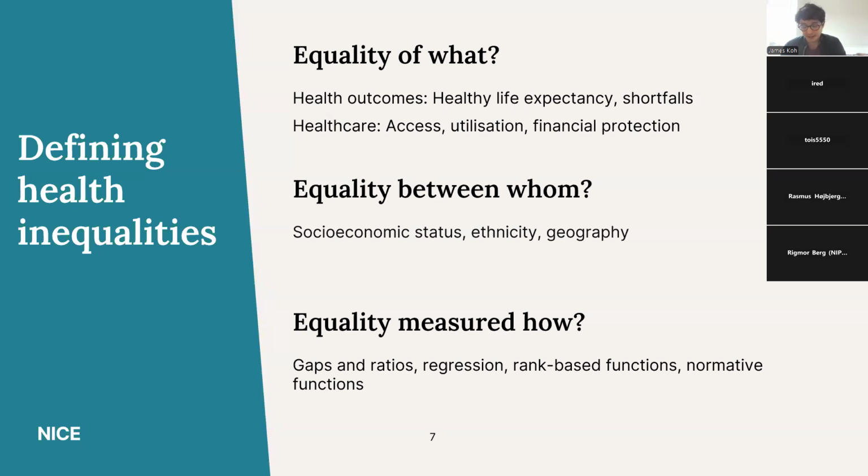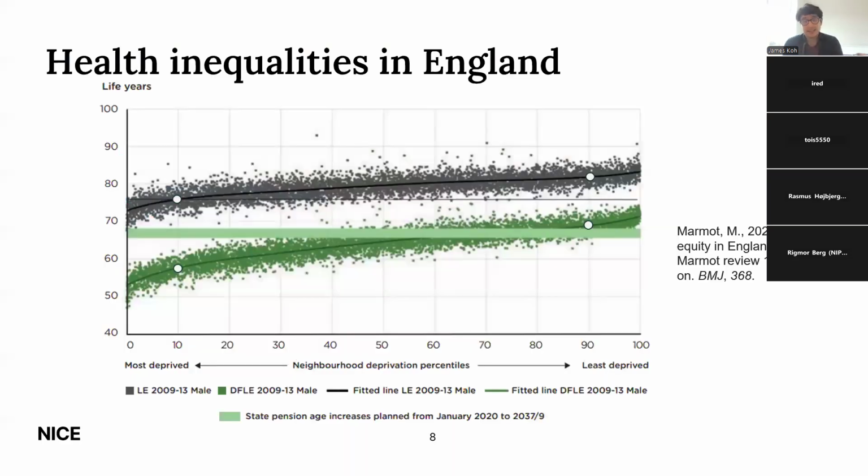A common one, which has been ported from the income inequality literature into the health inequality literature, is based around the Gini coefficient, which is a common measure of income inequality that you might be familiar with. Here's an illustration of quite a famous study that was conducted in England.